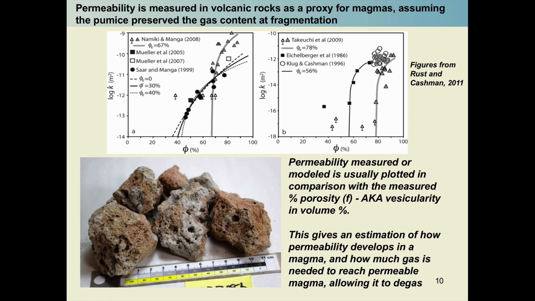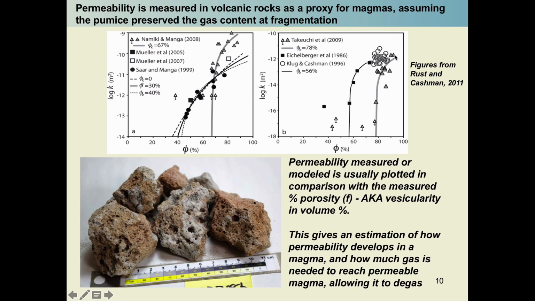So the gas overpressures, and bubbles connect up and basically split that magma apart. So the critical porosity in this case would be pretty high, probably around 70 to 75% by volume vesicles.